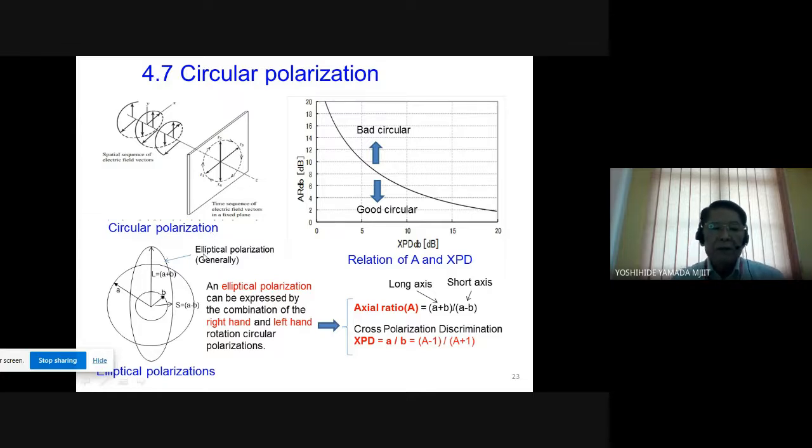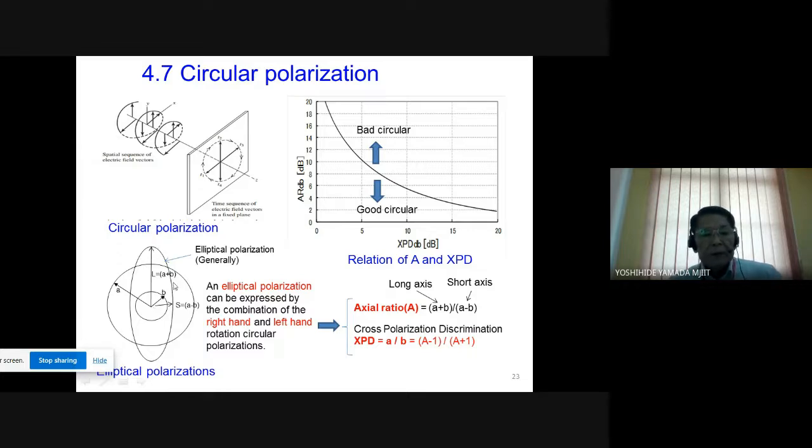Generally, elliptical polarization is achieved. Elliptical means the long axis and the short axis are not the same. If the long axis and the short axis are the same, it becomes circular polarization.